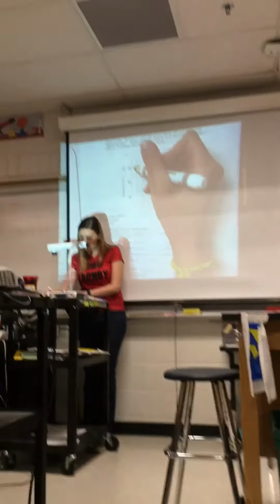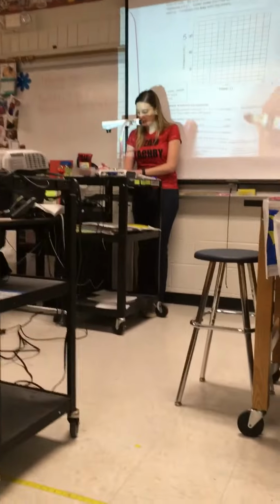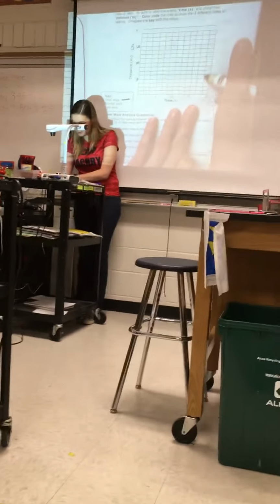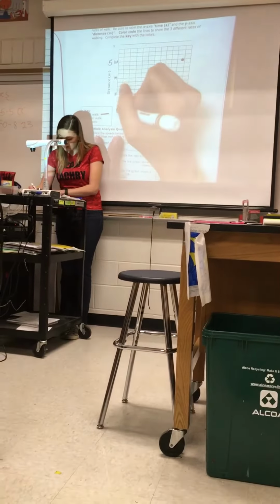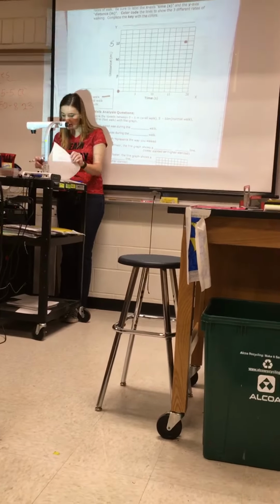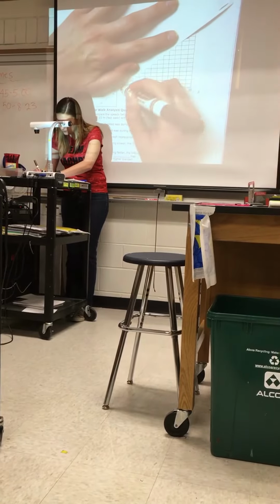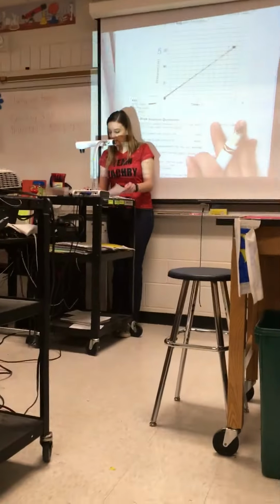And I went a total of 5 meters. How long did it take me? 17.9. Okay, 17 seconds. So a little bit closer to 20 and up to the 5 line. And I started at 0 meters and 0 seconds. And then I can just take something and I can connect those 2 points. And I have my snail walk.